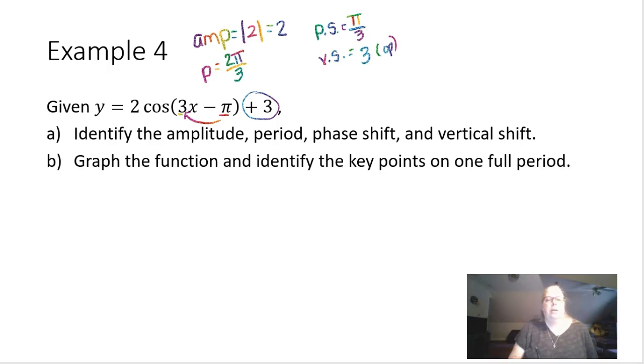Okay, let's go get our key points on this graph, on the cosine graph. So we're going to pick our angle, then we're going to multiply it by 3. Then we're going to subtract pi, because that's in parentheses. Oops, that should be a pi, not a 4.